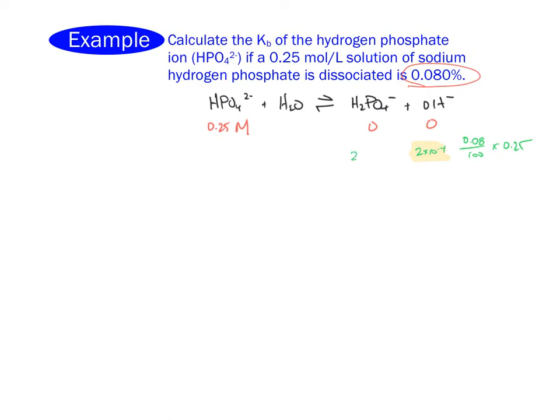And that'll also match the concentration over here, of course. And then to figure out the concentration of the hydrogen phosphate ion, it's going to be 0.25 minus 2 times 10 to the negative 4, which is going to be 0.2498. Okay, and that's also molar, molar, and molar.